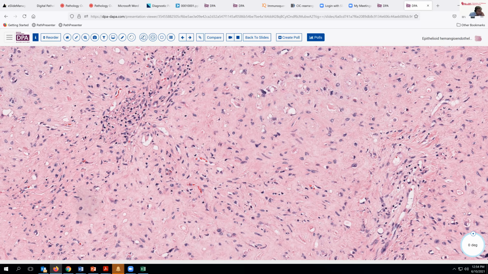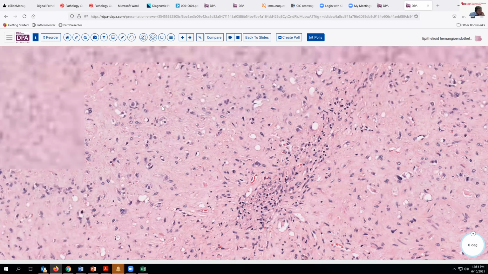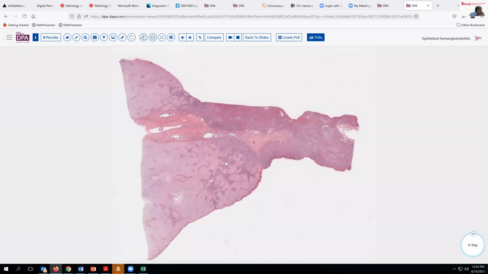So this might be confused for cholangiocarcinoma or something like that. And you'd want to make sure that you recognize the importance of the possibility of this lesion when you're considering that differential.